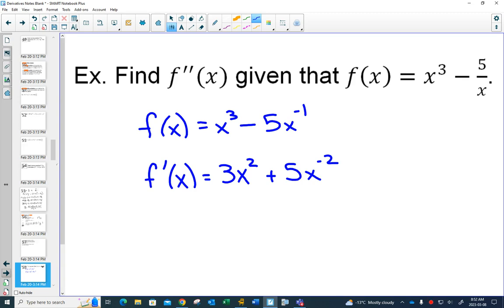So then our second derivative, here the 2 would come out in front, subtract 1 from the exponent. The negative 2 would come out in front, subtract 1 from the exponent. So the second derivative is just an excuse to make you do the derivative twice.